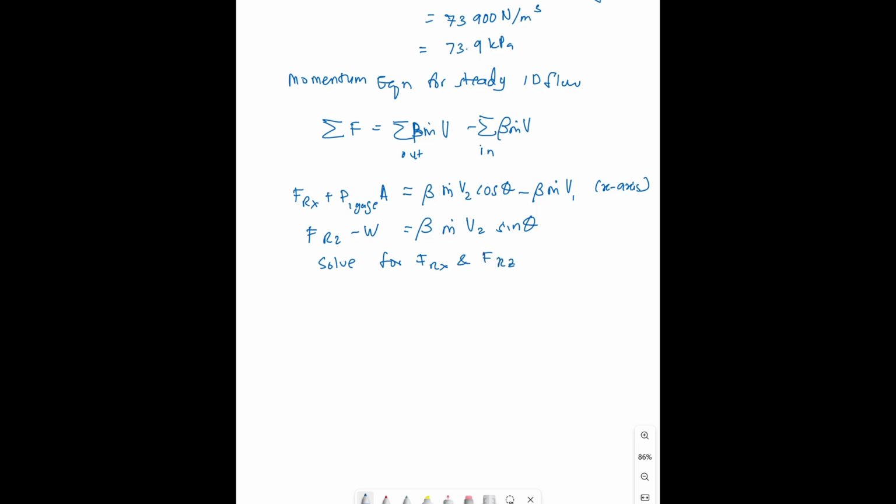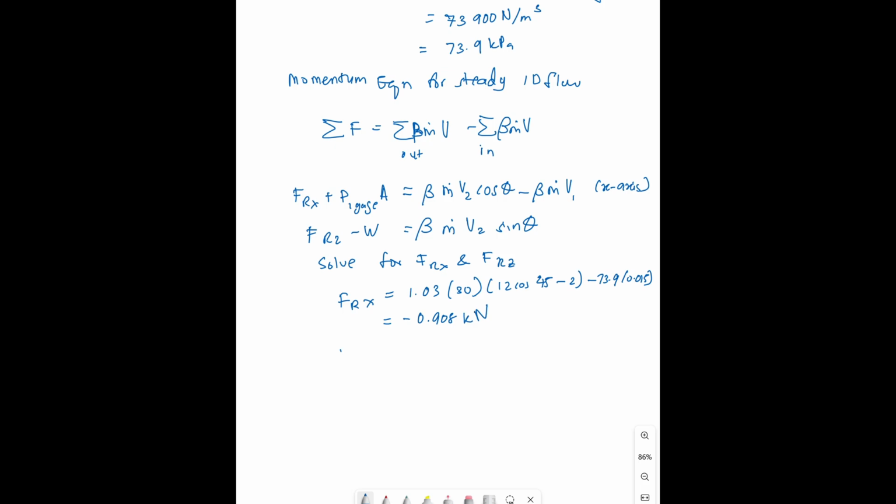We substitute the given values and get Frx equals 1.03 times 30 times (12 cos 45 minus 2) minus 73.9 times 0.015, so that equals negative 0.908 kilonewton.